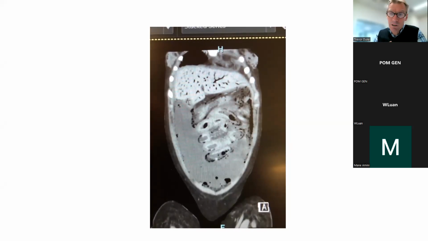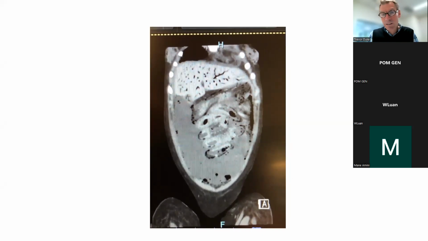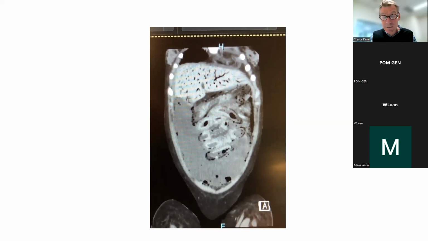Okay. Now I don't expect you to be experts in the way to read CT scans of the abdomen. That's a hard thing to do. But can anyone see any abnormalities? I've ended on a still picture of where the major abnormalities are, and I just want you to try to identify what the abnormalities are.